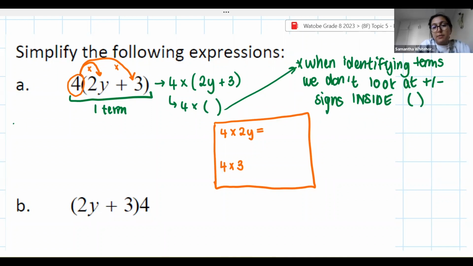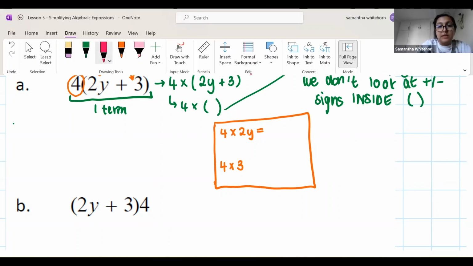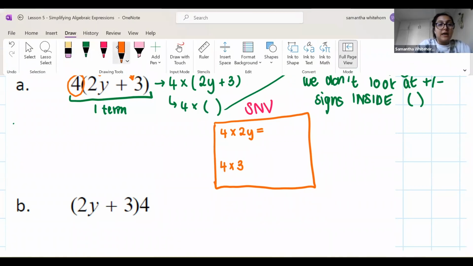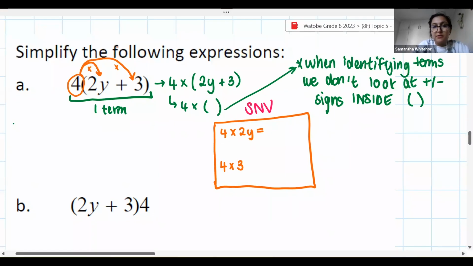Now, when I multiply any terms together, once again, this is where we need to think of SNV: signs, numbers, variables. If I look at 4 times 2y, for my signs, I've got a positive times a positive, so my answer is going to be positive. Moving on to the numbers, 4 times 2 is 8. And then I just have my variable of y. That's not being multiplied by anything, so it just stays as it is.